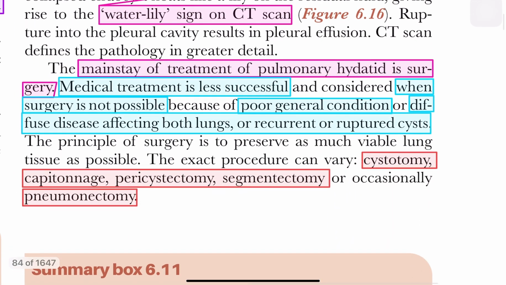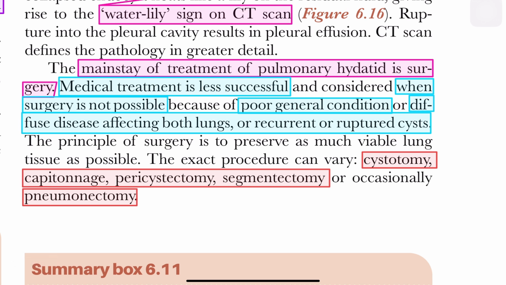The mainstay of treatment of pulmonary hydatid disease is surgery. So in both liver and lungs, the mainstay treatment is surgery. Medical treatment is less successful, but it is used if surgery is not possible because of poor general condition of the patient, diffuse disease affecting both lungs, and recurrent or ruptured cyst.